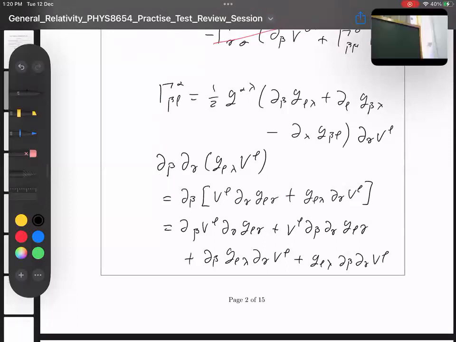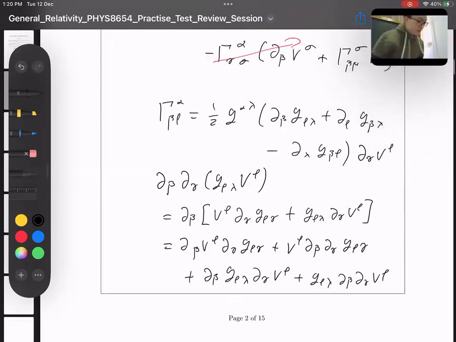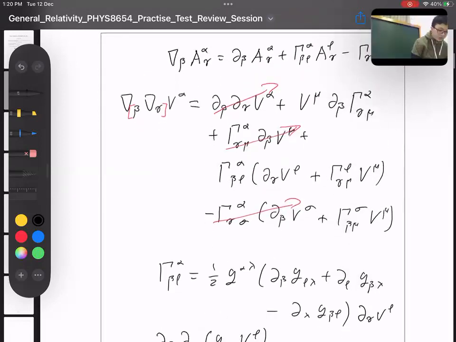Because this one is symmetric, and the target terms we want are this one and this one, right? Because this one and this one are exactly the same as the term that we want to show is symmetric. So it's exactly the same as this one. Exactly the same as this one.